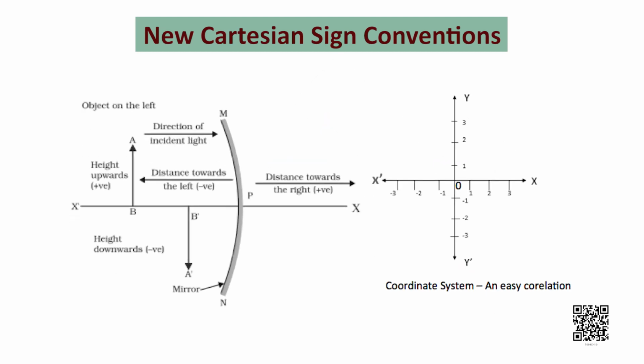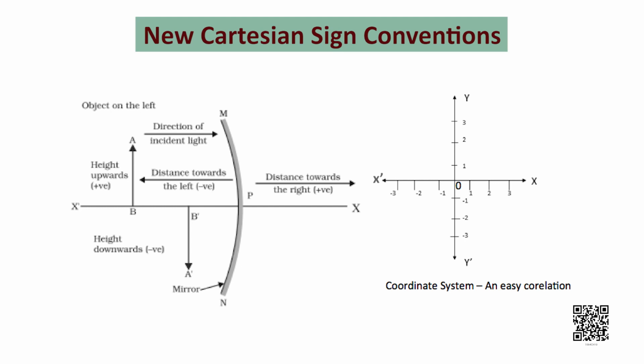The above sign conventions can be easily related to the coordinate system. If we consider the pole to be the origin and the reflecting side of the mirror to be facing the left side, the coordinate system easily gives us the sign of the respective distances. For instance, the object is always placed on the negative x-axis, that is, on the left side.